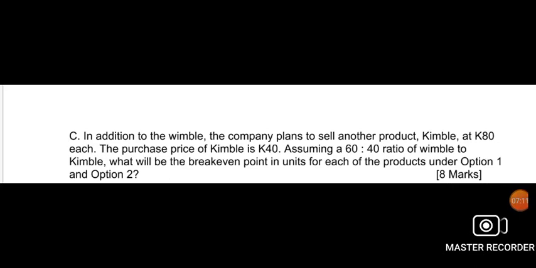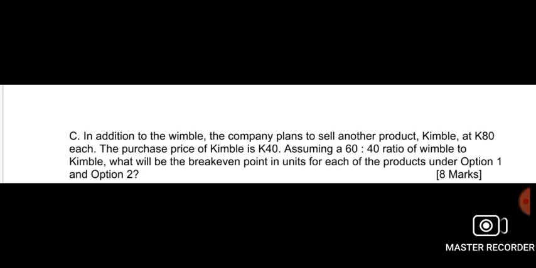In addition to the Wimbo, the company plans to sell another product, Kimbo, at 80 kwacha each. The purchase price of Kimbo is 40 kwacha. Assuming a 60:40 ratio of Wimbo to Kimbo, what will be the break-even point in units for each of the products under option 1 and option 2? The formula is fixed costs over contribution per unit.